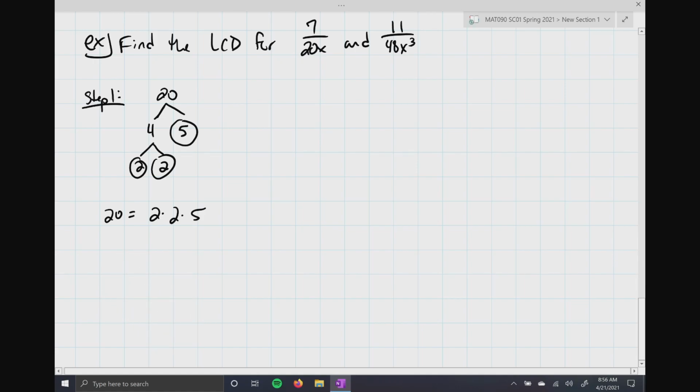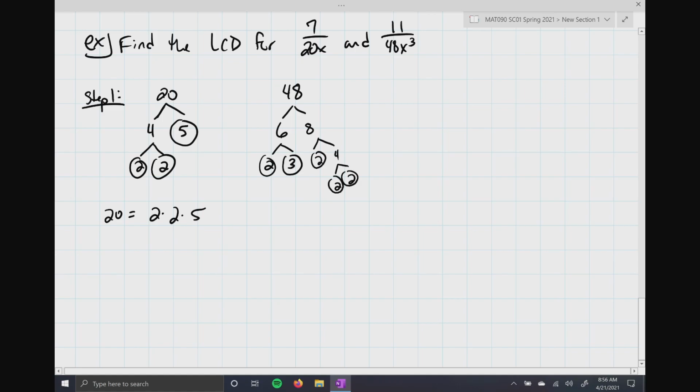Now, let's do 48. 2 numbers that multiply to get 48. 6 and 8 are the first 2 that come to my mind. 2 and 24 works as well. Okay? Now, let's break down the 6 into 2 times 3. Break down the 8 into 2 times 4.